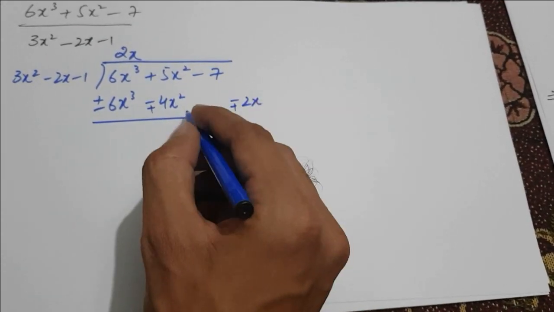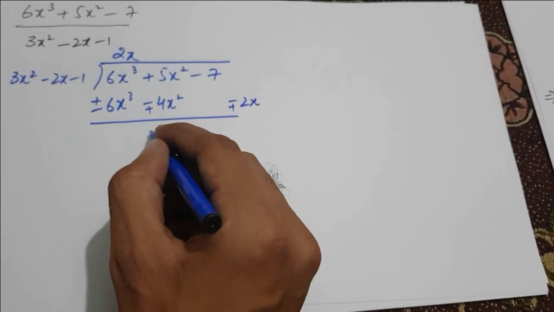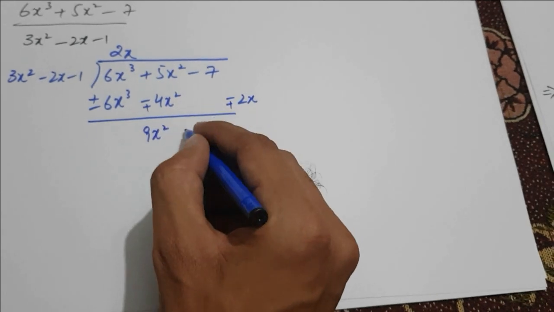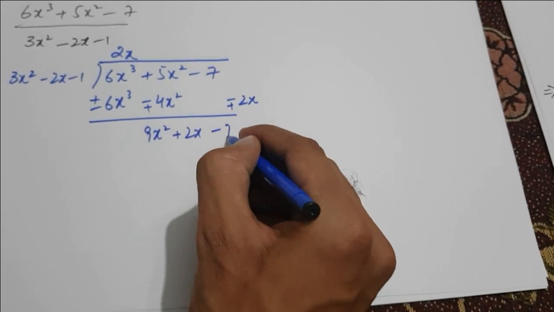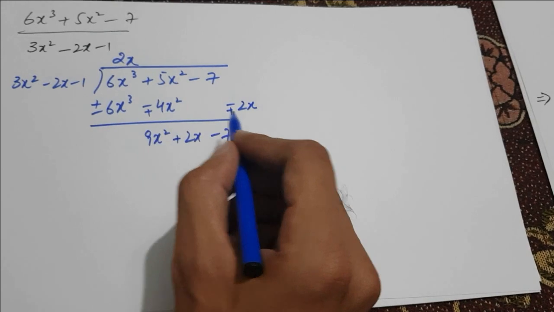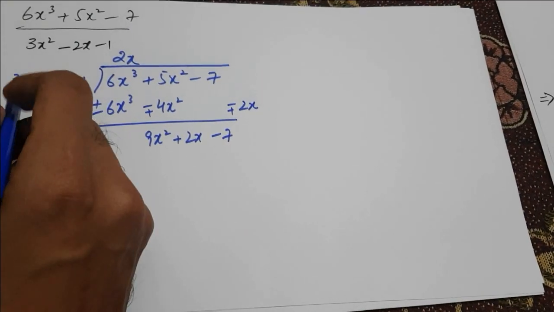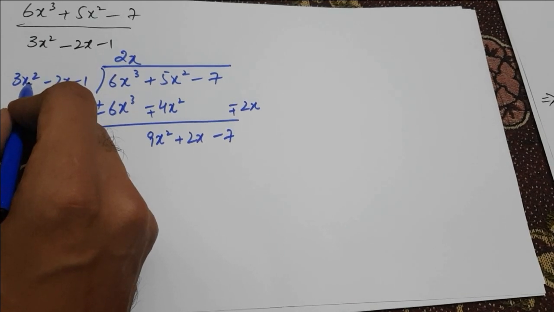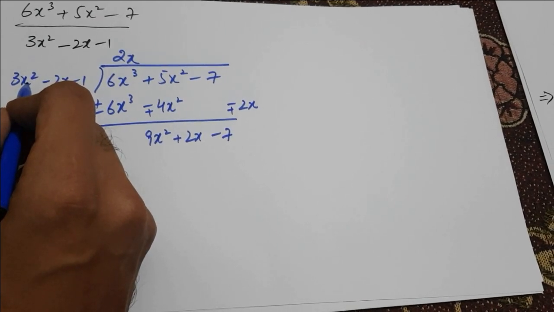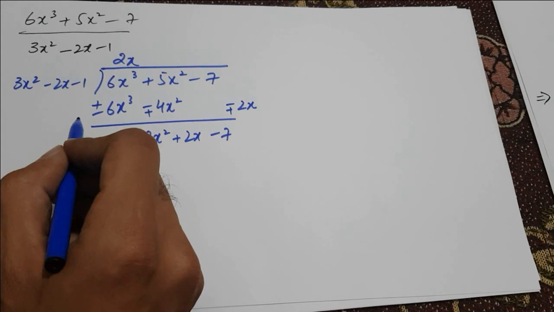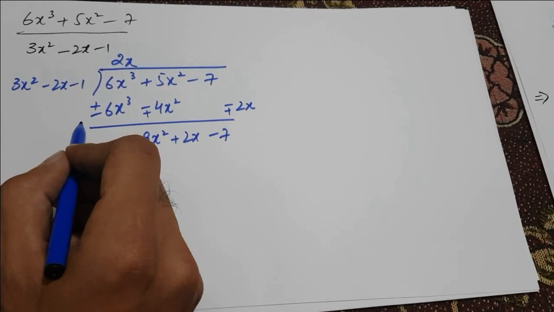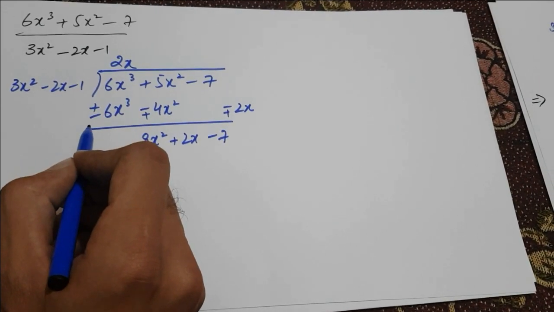Changing the signs of the terms, we get 9x squared plus 2x minus 7. Since the degree of the remainder is equal to the degree of the divisor, the fraction is still not in the form of a proper fraction.